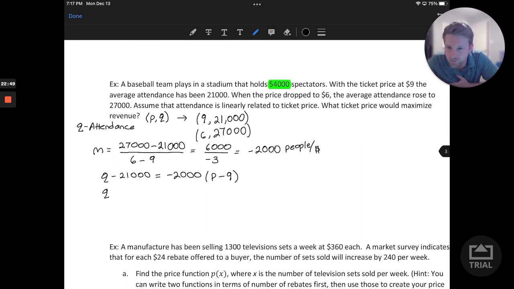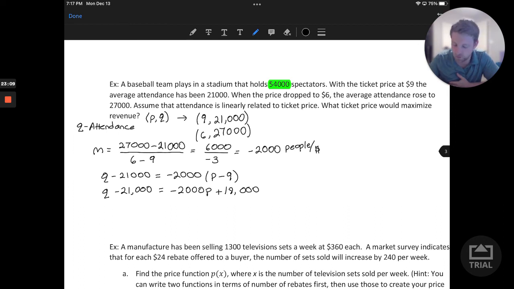I'll put a little tail on my Q to represent that as my Q. So that would be Q minus 21,000 equals negative 2,000 times P, plus 18,000.